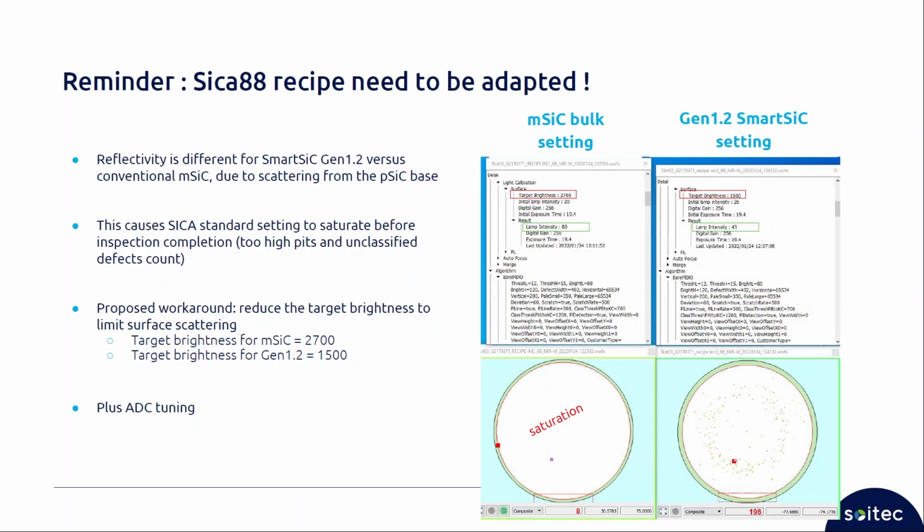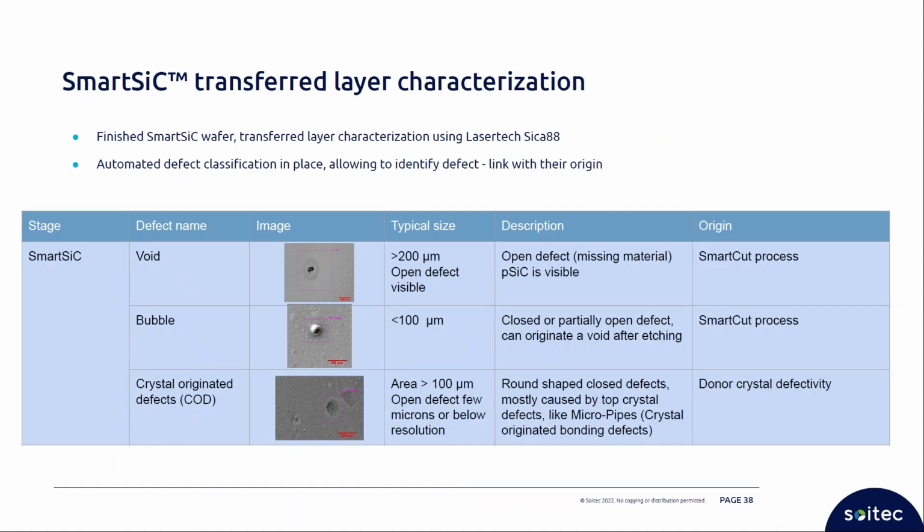If we consider a mono-SiC bulk setting, and we apply it to the SmartSiC wafer, we have a full saturation in all the measurements. So we just need to adjust a few parameters. Then we measure, and after the measurements we observe some defects, and we can classify them with 20 defect classifications.